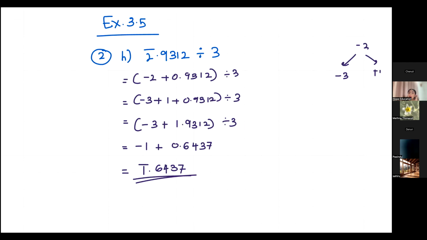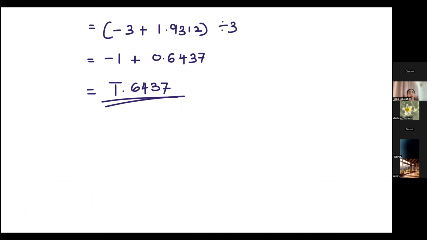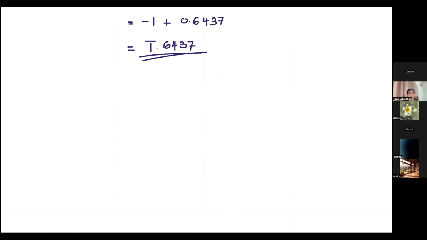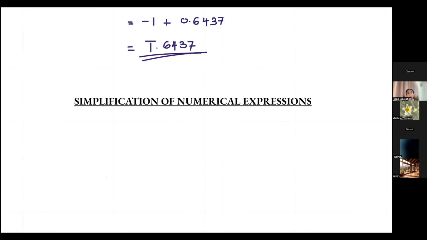Okay. Now we are going to go for calculations, right? Put a subtopic: Simplification of numerical expressions.